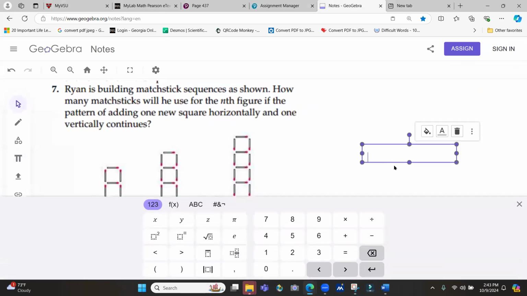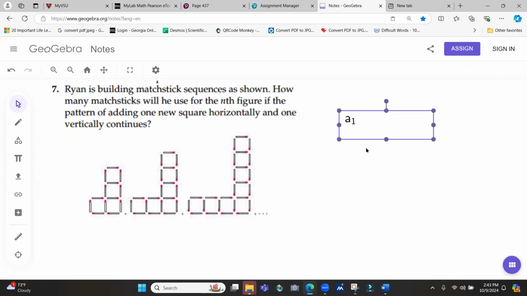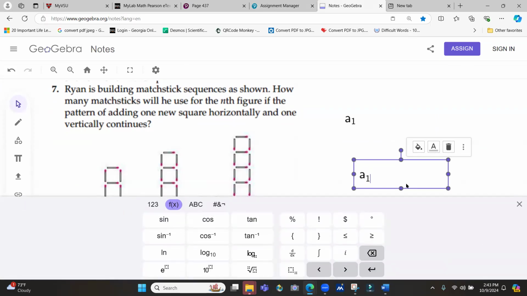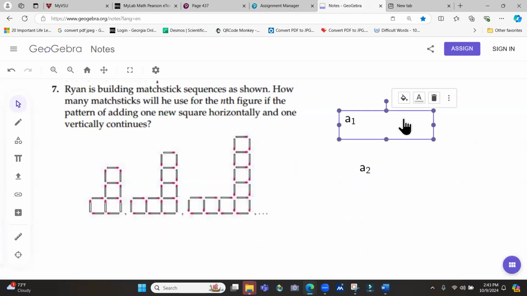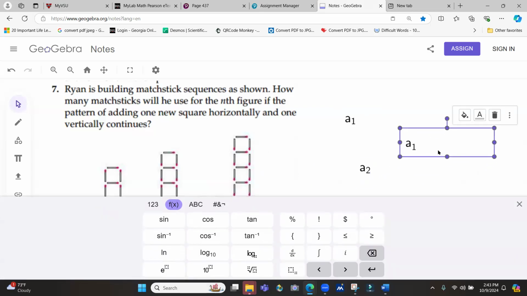The first term is A subscript 1. The second one is A subscript 2. And the third one is A subscript 3. The first term, the second term, the third term.